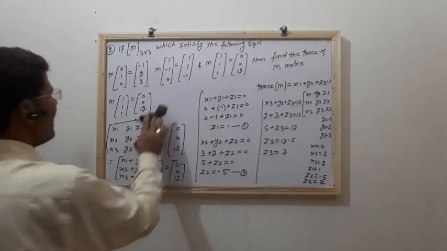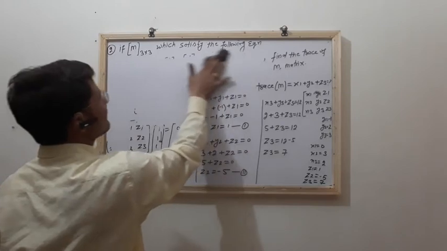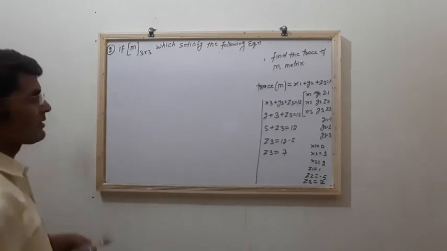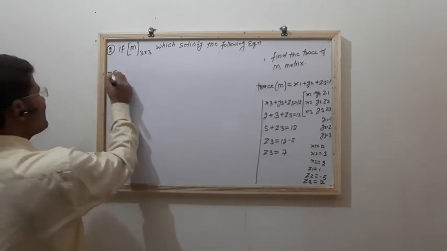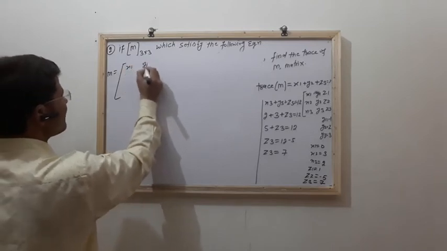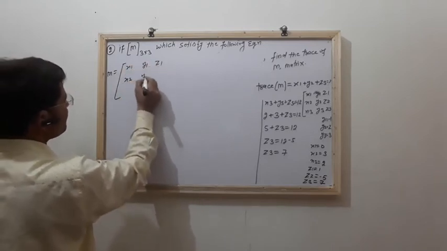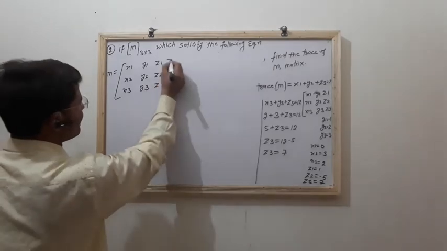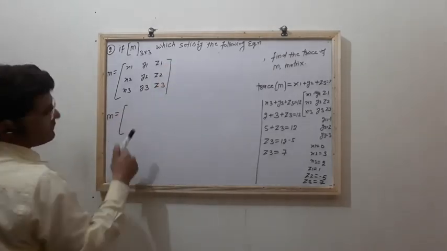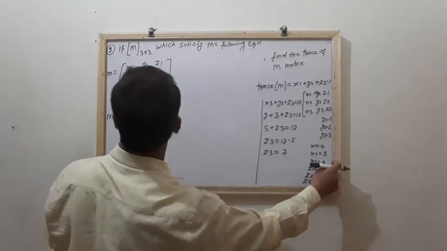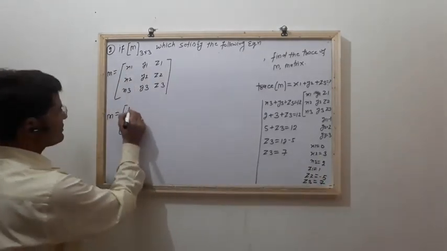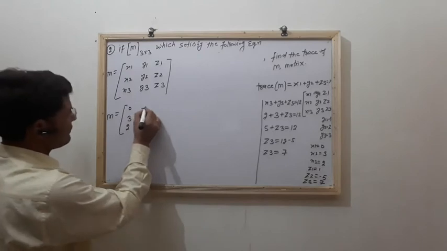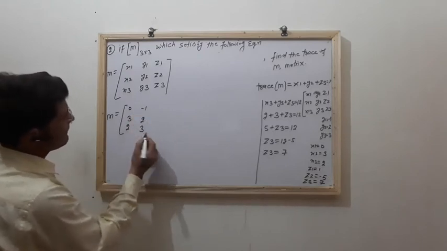Now M becomes M is equal to x1 y1 z1, x2 y2 z2, x3 y3 and z3, so that M is equal to value of x1, x2 and x3: 0, 3, 2; y1, y2, y3: minus 1, 2, 3.